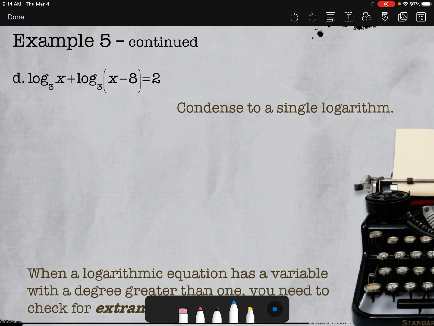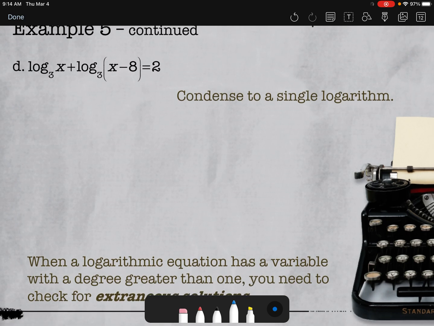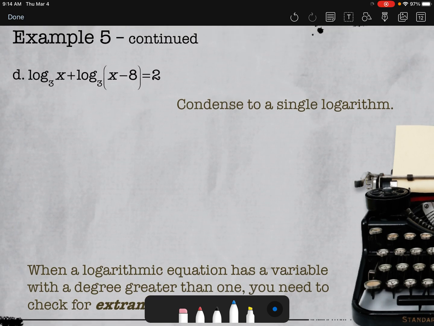Now I know this is not easy peasy stuff here. So to solve for d, we are going to have to do a condensation of the logarithm, meaning that we can't have multiple logs. We need to make it one single logarithm.